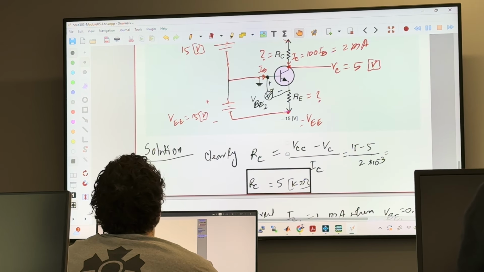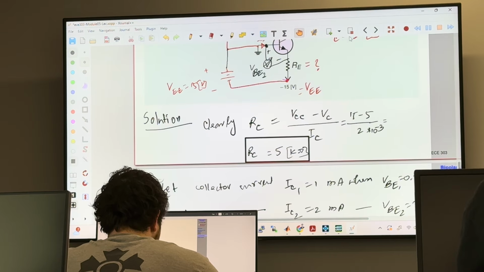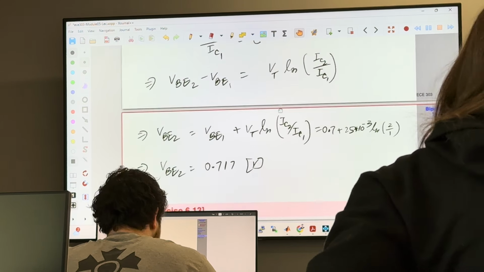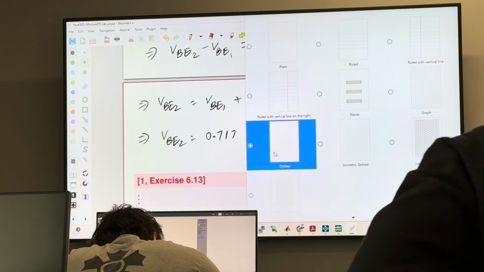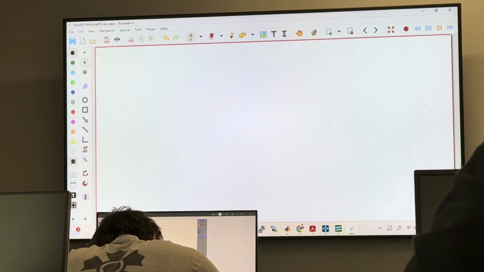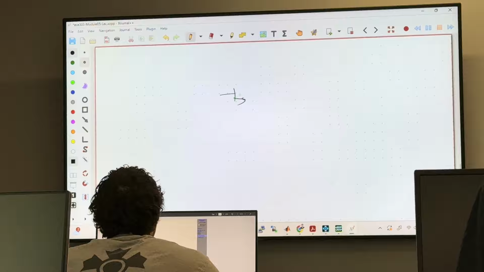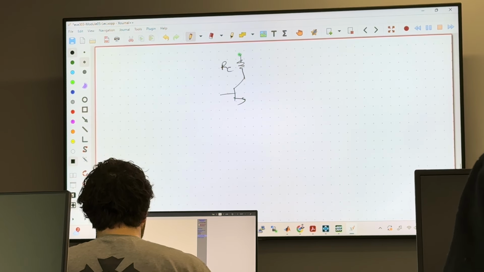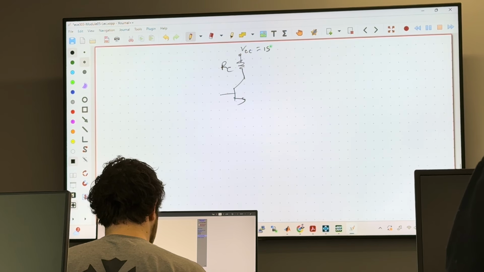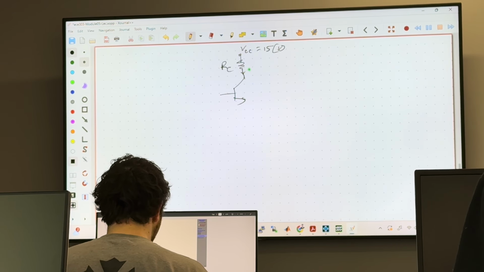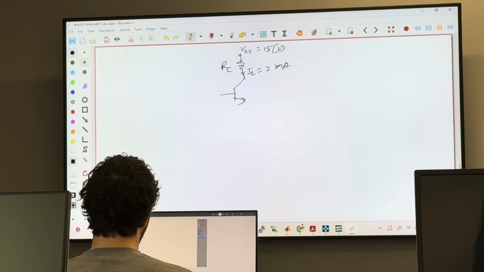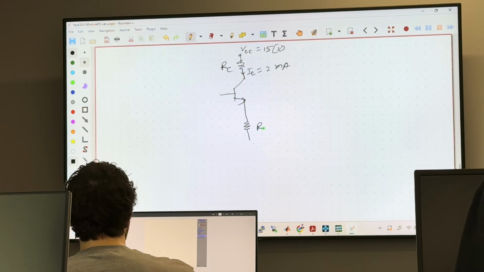Now look. So again, this is your transistor. We found RC. So this is VCC equals 15 volt, and we are given IC, we want IC to be 2 milliampere here. And here is RE.